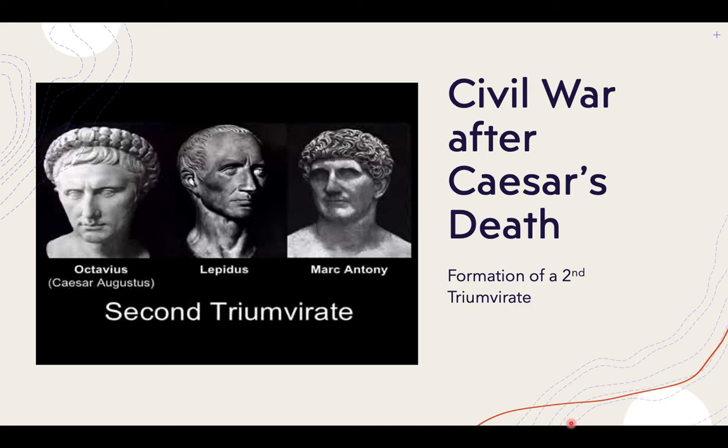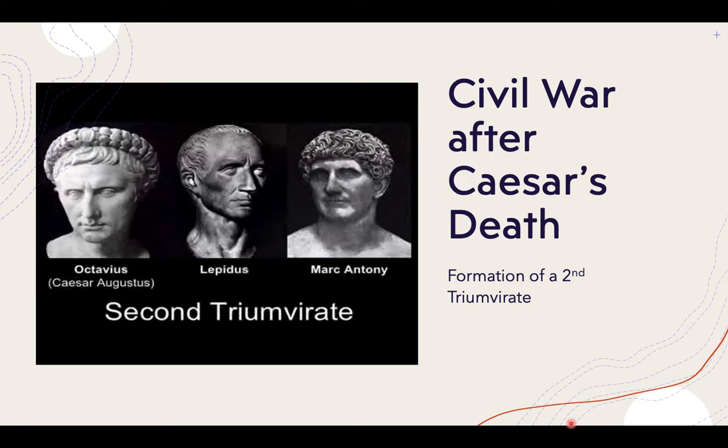Once the civil war eventually dies down and many of the senators are either exiled or killed outright, a new group called the Second Triumvirate forms, I guess because the first one worked so well. The Second Triumvirate was also made up of three men. Octavian, or Octavius, was Julius Caesar's grandnephew and adopted son, so they were related.